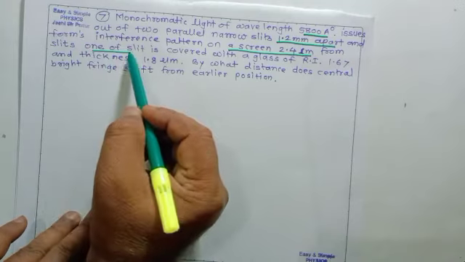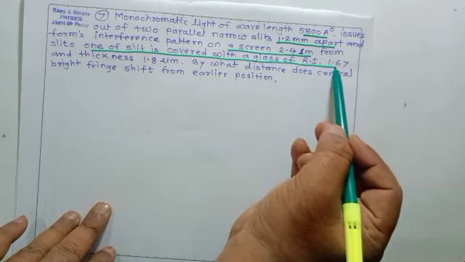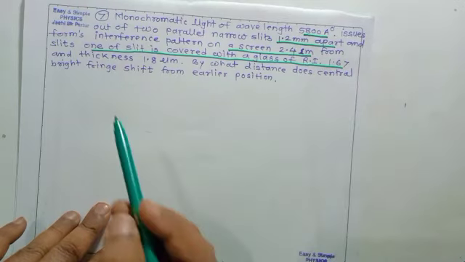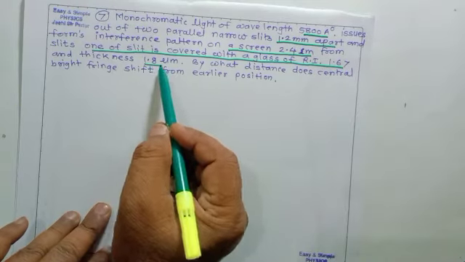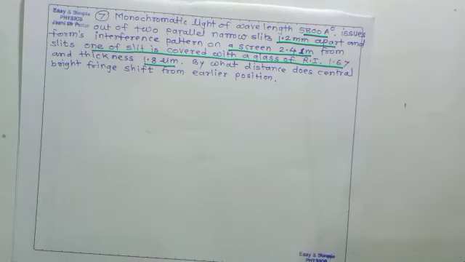One of the slits is covered with a glass of refractive index 1.67 and thickness 1.8 micrometer. By what distance does the central bright fringe shift from its earlier position?